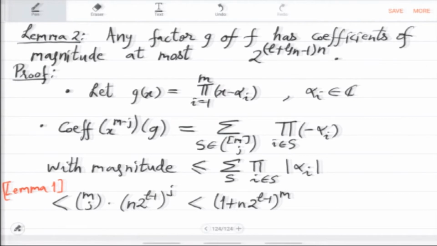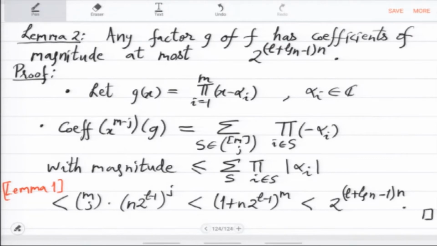So m choose j times (n 2 raised to L minus 1) raised to j is at most this expression, which itself is smaller than 2 raised to (L plus log n minus 1), raised to m, and m is at most n minus 1. So we can safely put n here. Okay, so that is the bound for the coefficients of arbitrary factors of a polynomial.